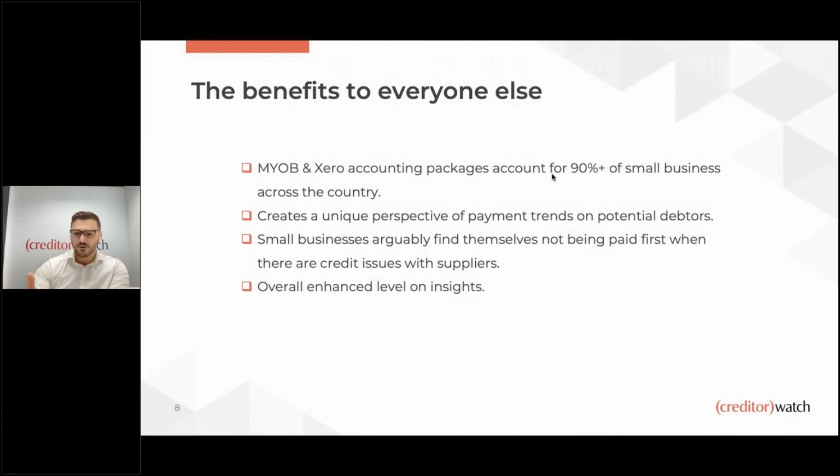So offering them 7-day terms is kind of pointless because they're not going to be able to meet that. It's just about offering that enhanced level of insights when you're assessing potential debtors, and that's why this data is so crucial to not just small businesses, but really any business out there.